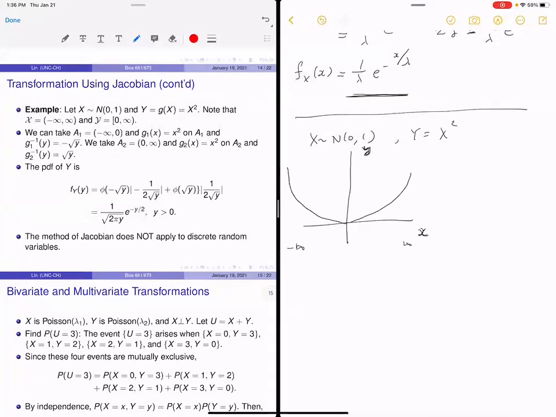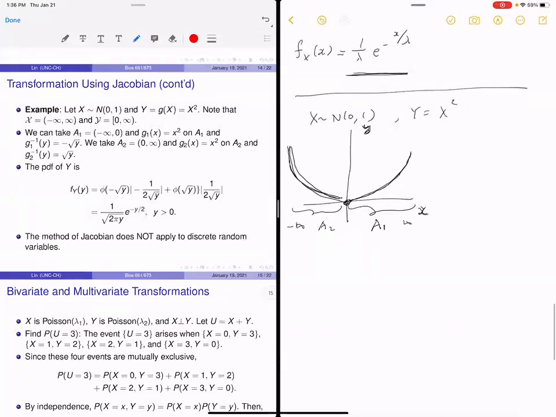I can always put 0 to infinity as the so-called A1, meaning the first partition. Then A2 becomes the second partition. A1's function is monotone increasing, so I can use one Jacobian, and A2 is monotone decreasing, so I can use another Jacobian. So I can derive the two Jacobians separately.